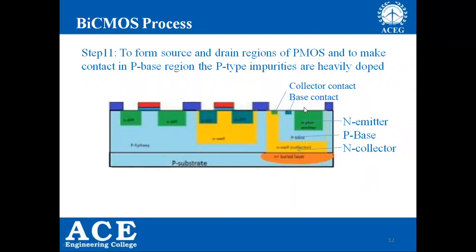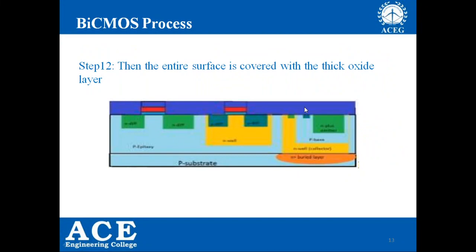Okay, now we had all the contacts, and later the remaining parts may be insulated or covered with a thick oxide layer. Because we need to protect the remaining area, so that those remaining areas must not be in contact with the external devices, right?